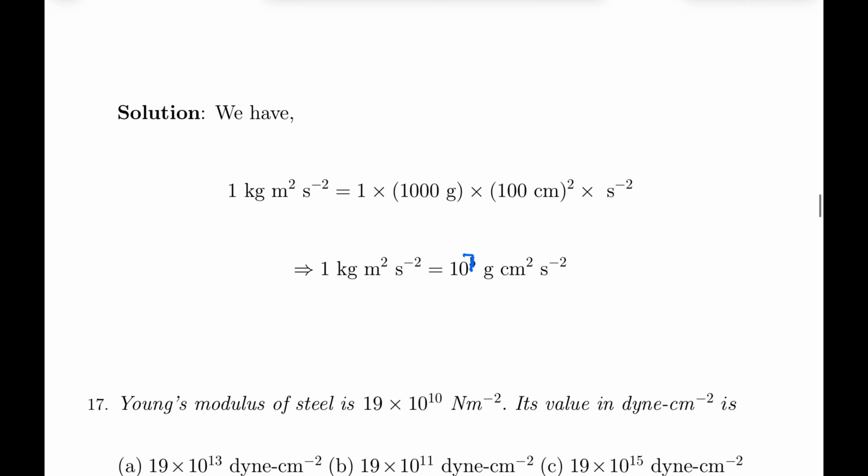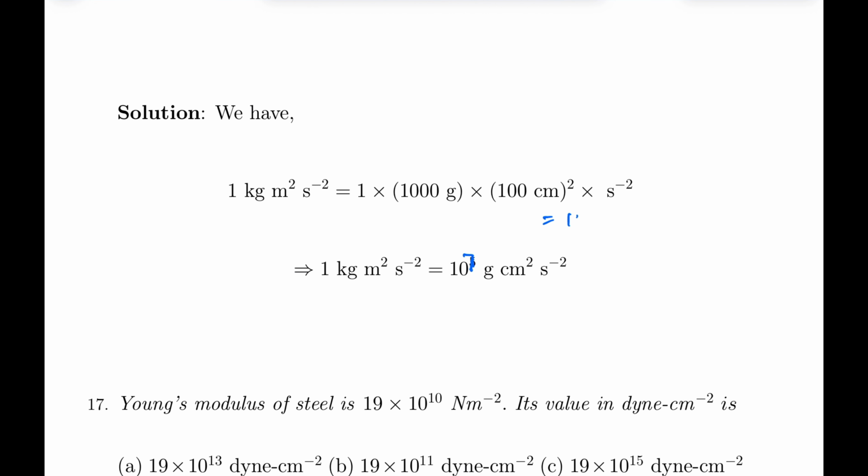So we have 1 kilogram meter squared per second squared. 1 kilogram is 1000 gram. 1 meter is 100 centimeter, so 1 meter squared is 100 centimeter squared, and this is per second squared. So this is 1000, and this is the square of 100, so this is 10 to the power 4, isn't it?